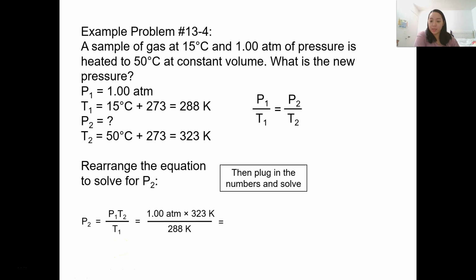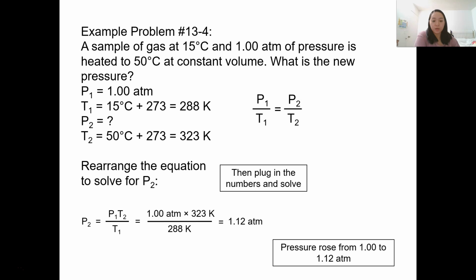So P1 is 1 atm, T2 is 323 Kelvin, and T1 is 288 Kelvin. When you punch that in the calculator, keeping in mind significant figures, you should have 1.12 atm as your result. This shows that the pressure rose from 1 atm to 1.12 atm when you heat this gas up from 15 degrees Celsius to 50 degrees Celsius.